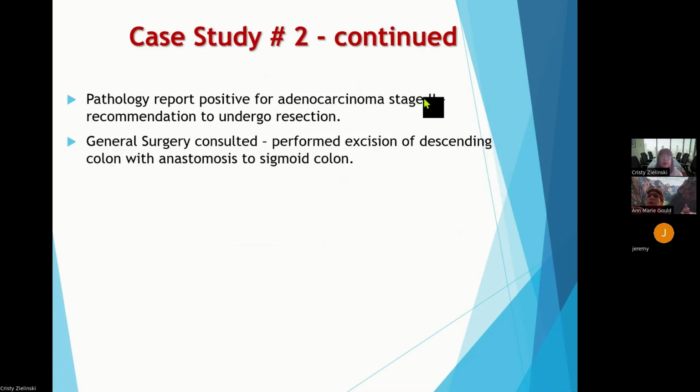And then pathology report is positive for adenocarcinoma stage 2. Recommendation is to undergo resection, general surgery consulted, perform excision of the descending colon with anastomosis up to the sigmoid colon. So what would be our potential validation query here?